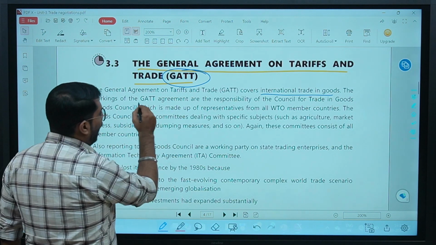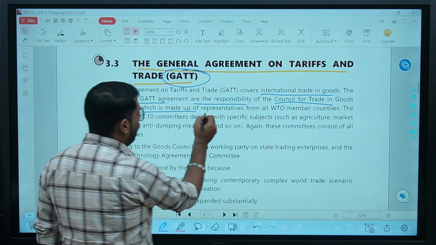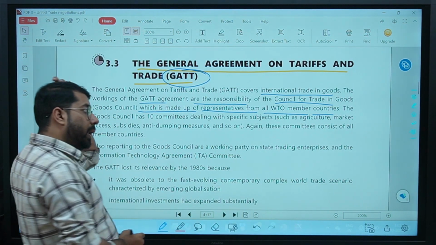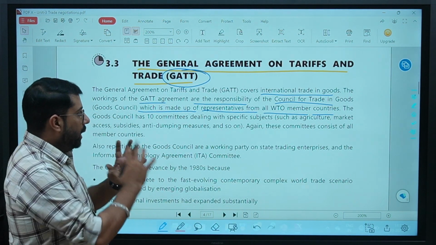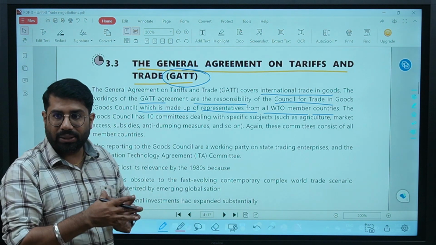The working of the GATT agreement is the responsibility of the Council for Trade in Goods, which is made up of representatives from all WTO member countries. Means in GATT, how the GATT will work, who will decide it?